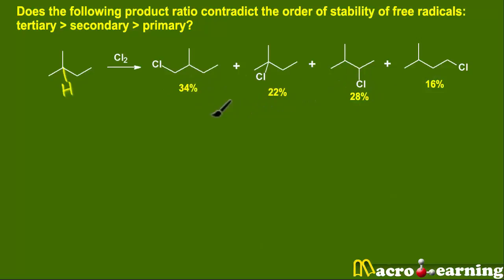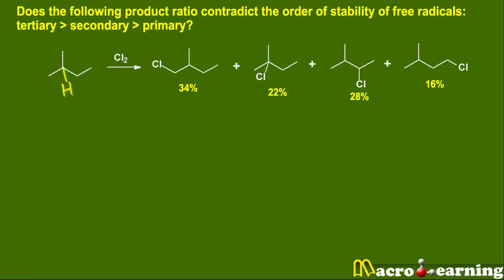We have to include another thing, which is the number of hydrogens. That's the other thing that counts in the calculation or estimation of relative reactivity of the different types of hydrogens.